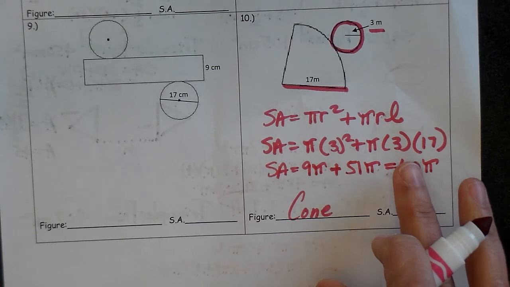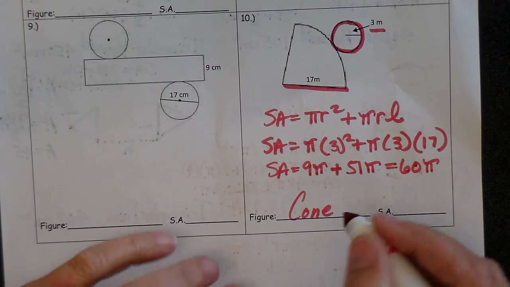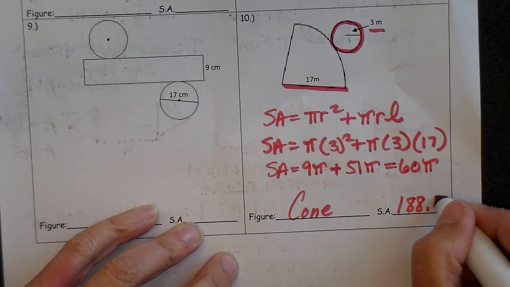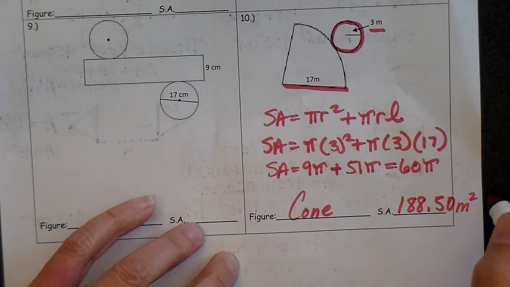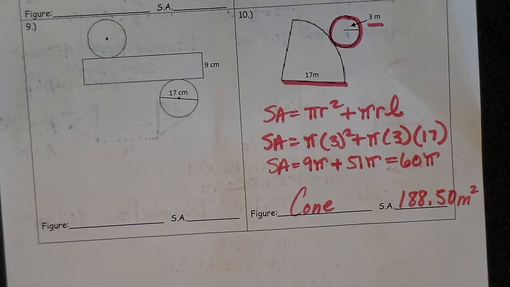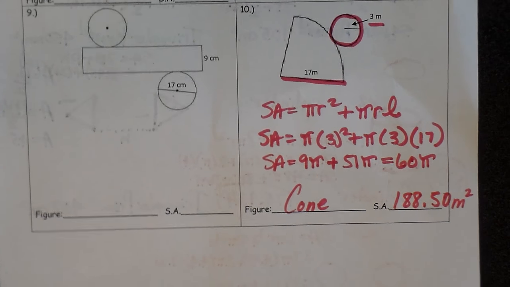So 60 pi, if I were to multiply that out, gives me 188.50, and that would be meters squared. So that gives you a snapshot of how to find surface area using nets.